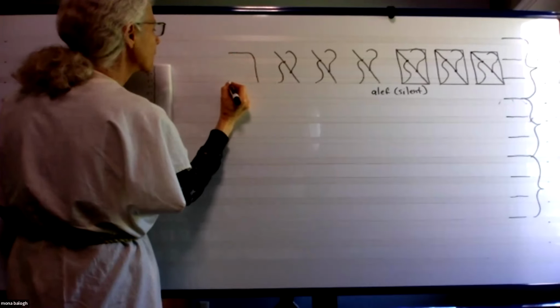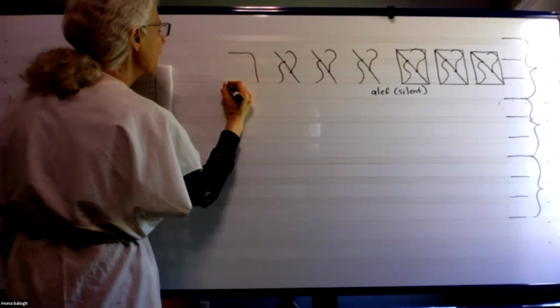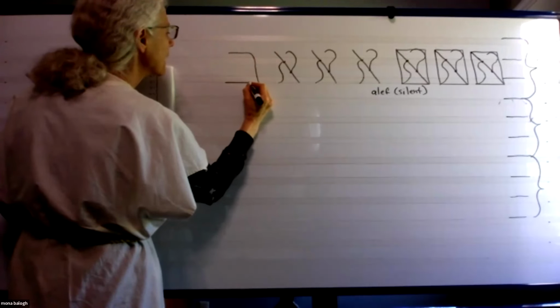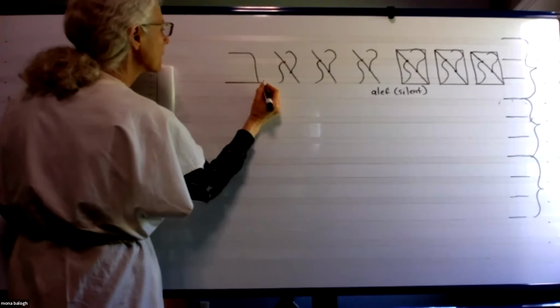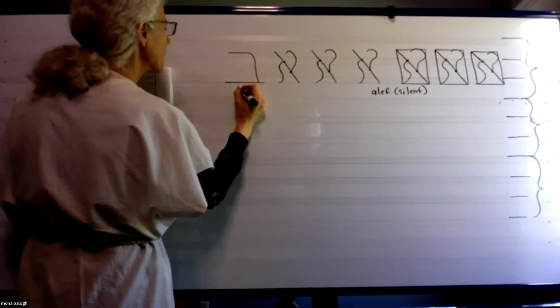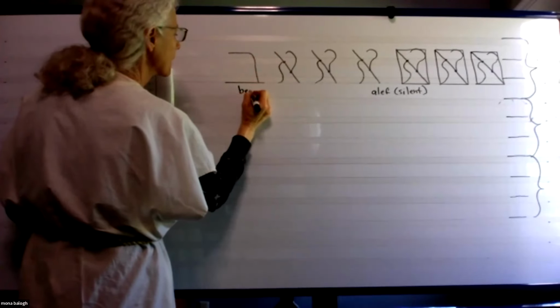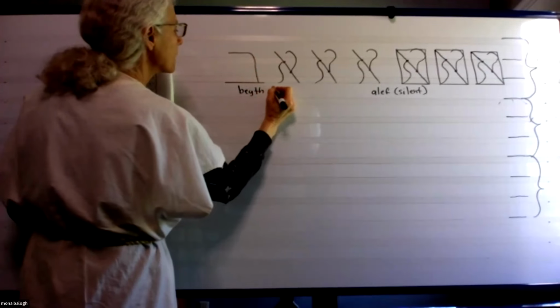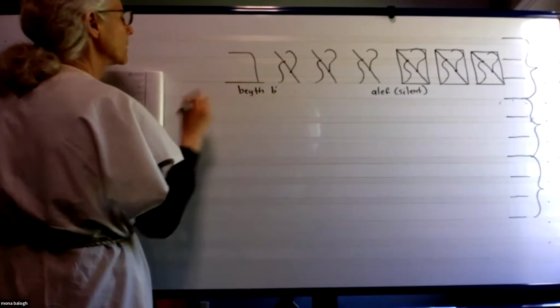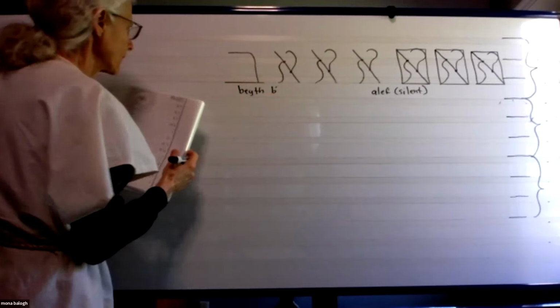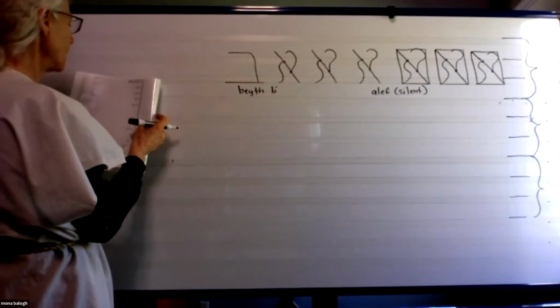You're going to stick out a little tiny bit to the left and make the base. And it's going to stick out on the other side a little bit. Okay, that's a Beit. And it makes the B sound. Right, so do several of those if you can.